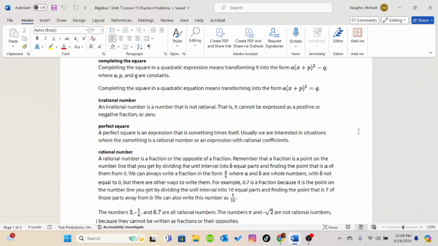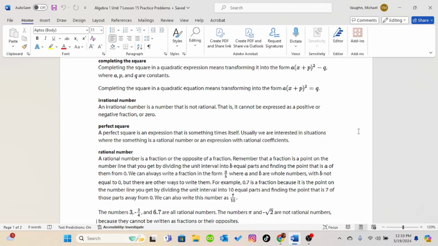For example, 0.7 is a fraction because it is the point on the number line you get by dividing the unit interval into 10 equal parts and finding the point that is 7 of those parts away from 0. We can also write this number as 7 over 10.